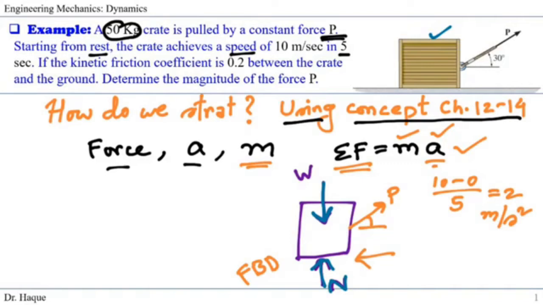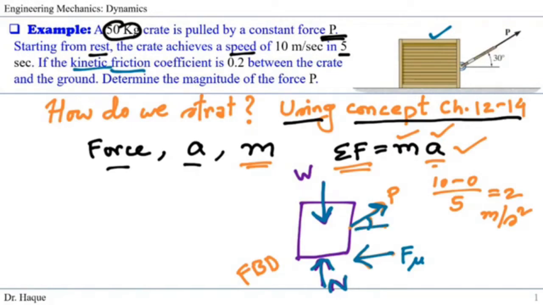The problem also gives us the kinetic friction coefficient, so there will be a friction force since the body is moving. P is towards the right, so the friction would be opposing the movement. The kinetic friction force would be opposite, while my pulling force P is towards the right, at an angle of 30 degrees.